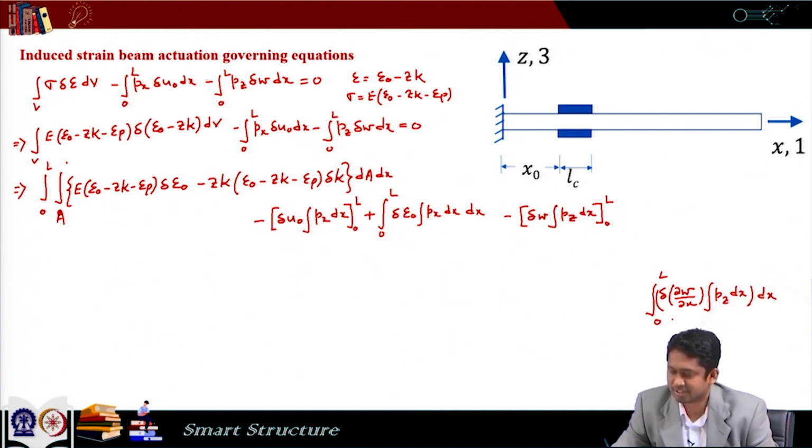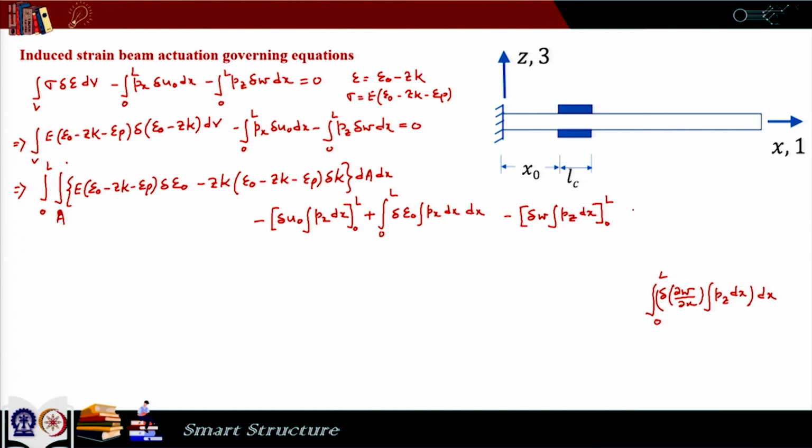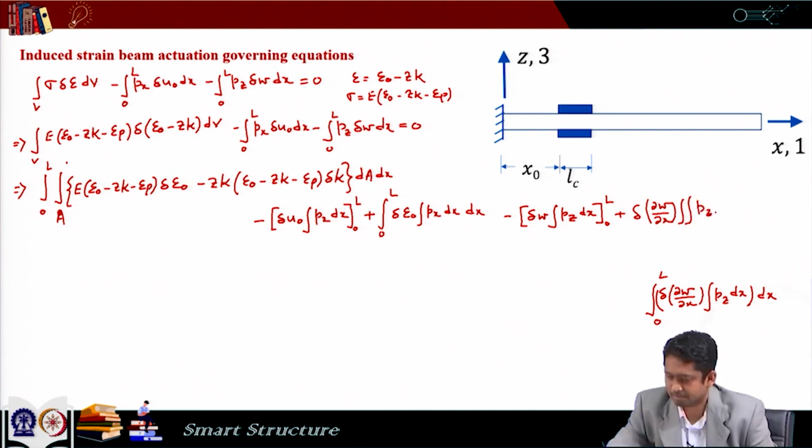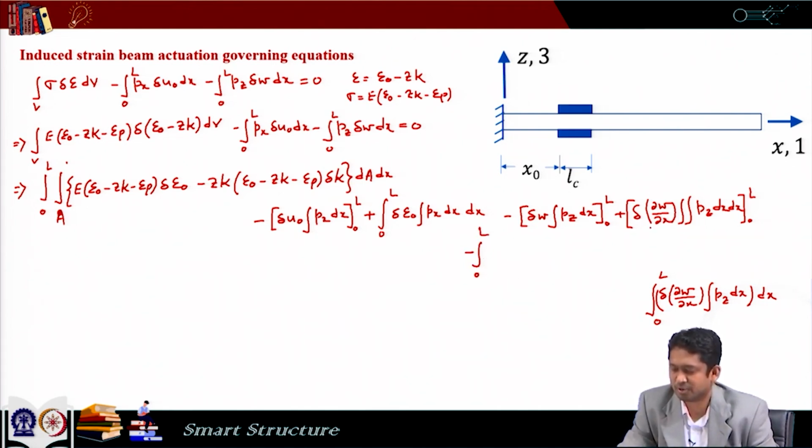But this can again be further separated. So, if we do that, we get plus delta of del w by del x multiplied by p z, and this entire thing evaluated at 0 to L, and then minus integration 0 to L. If I differentiate once more, I get del 2 w by del x 2, which is nothing but kappa.